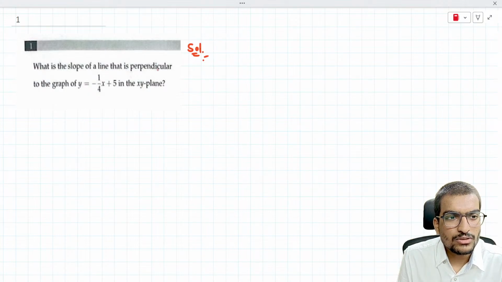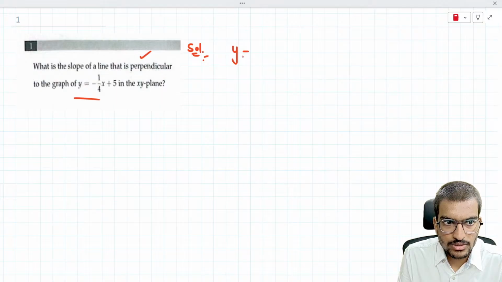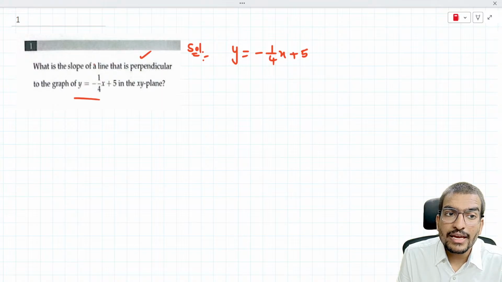So here we need to find the slope of a line that is perpendicular to this equation. We have this equation y equals -1/4 x plus 5. We have to find the slope of a line that is perpendicular to this.